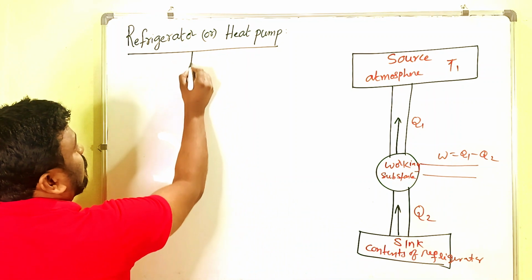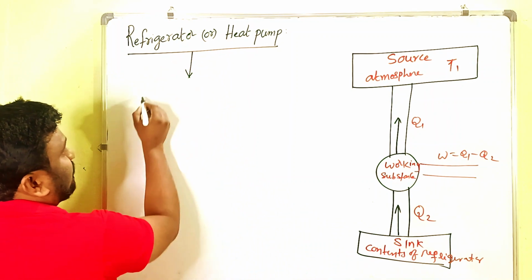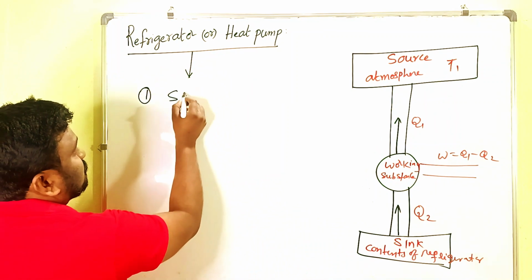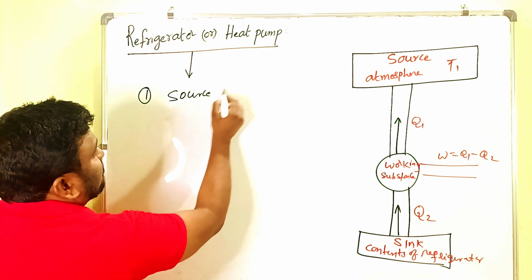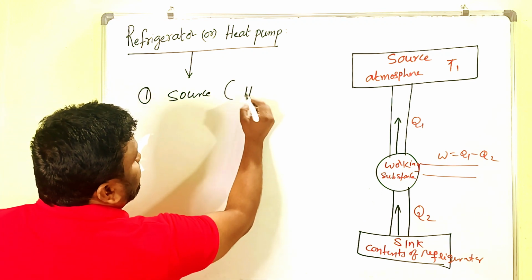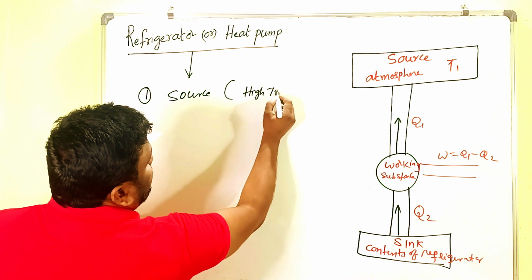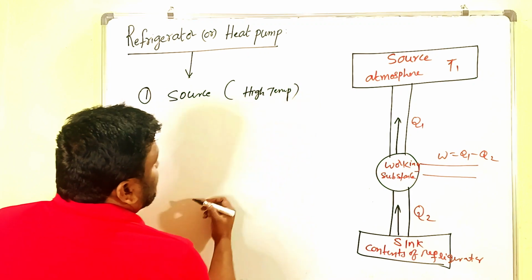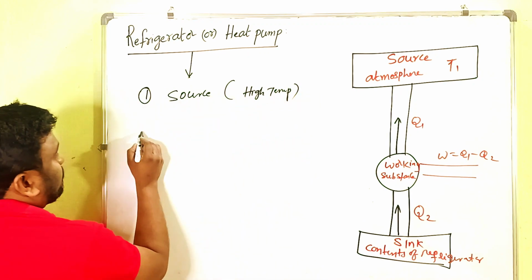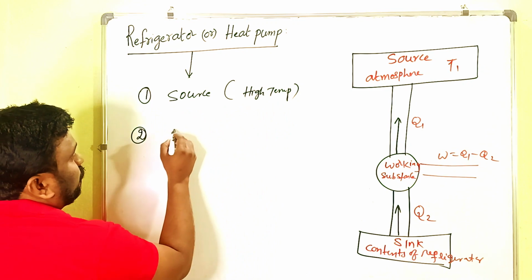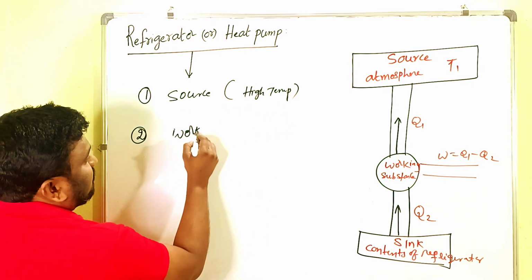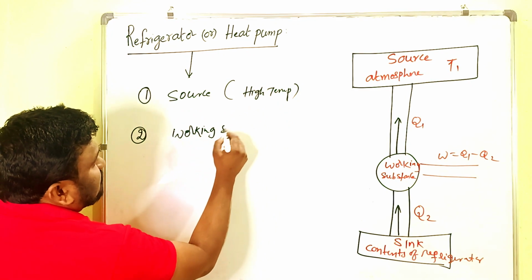a refrigerator also consists of three main parts. One is the source that should be operated at the high temperature. In this case it may be the atmosphere. Second one is the working substance.